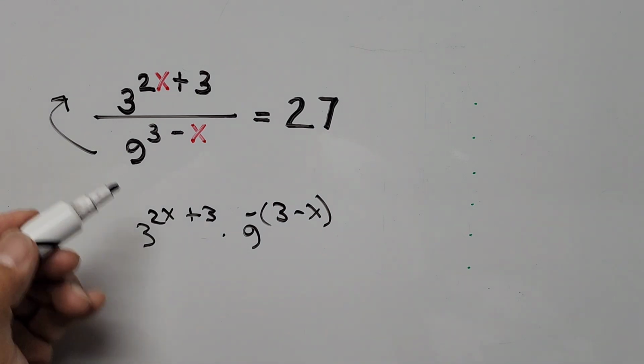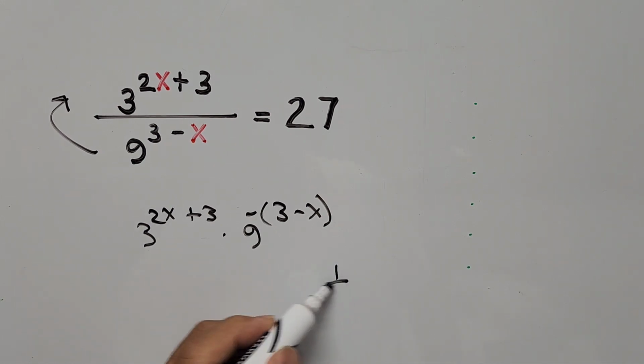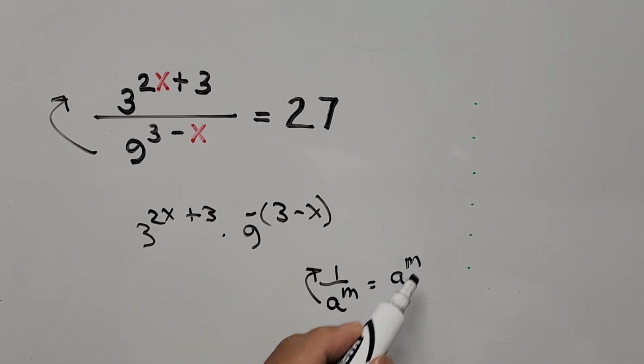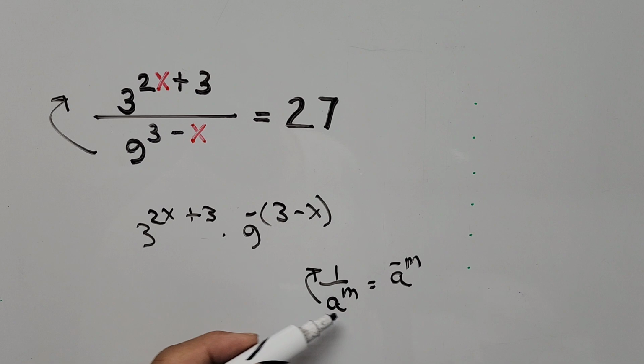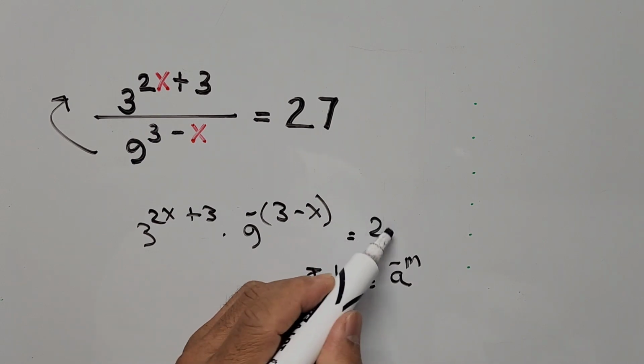This follows the rules of exponents: if we have 1 over a raised to m, and we take this denominator to the numerator, we'll have the term with the same base but with a negative exponent. From the denominator, the exponent is positive; put this on top, it becomes a negative exponent. Alright, so that's what we have right here, and this will be equal to 27.